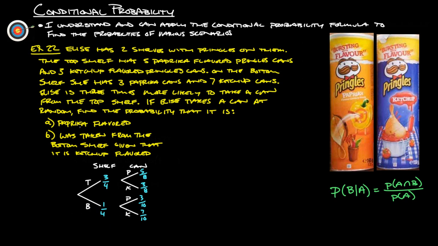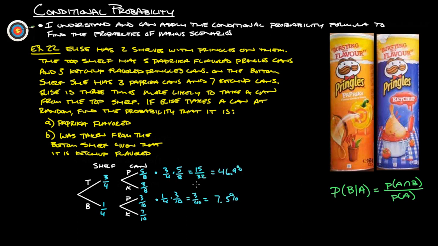So she takes a can at random, find the probability that it is paprika flavored. That means it could be the top shelf paprika or the bottom shelf paprika. So it could be either one of these, right? So that's going to be 3/4 times 5/8, and then also 1/4 times 3/10.